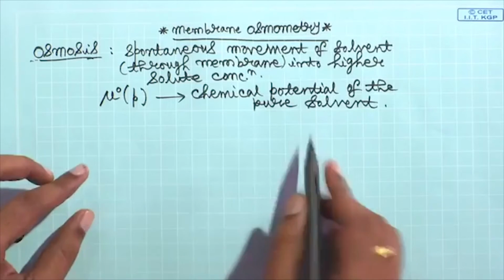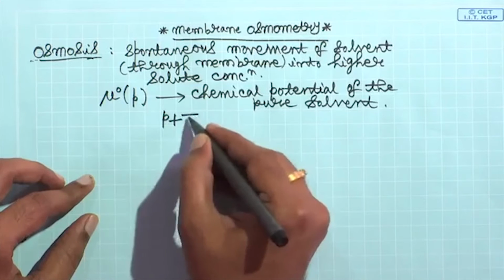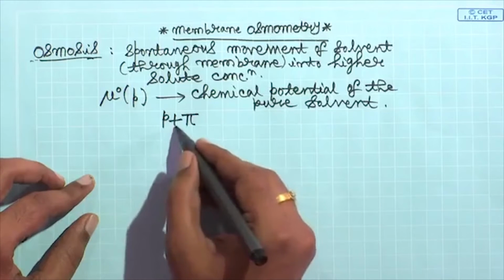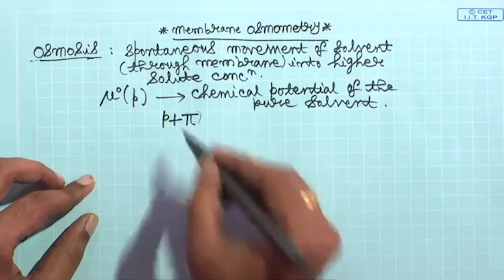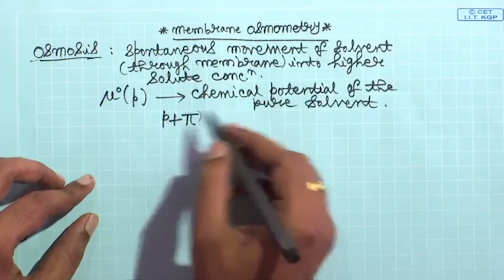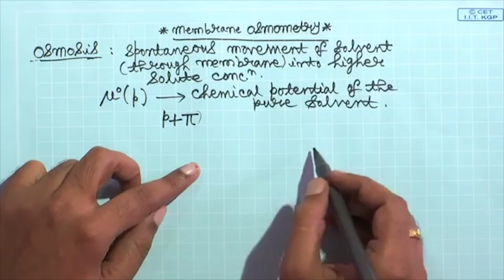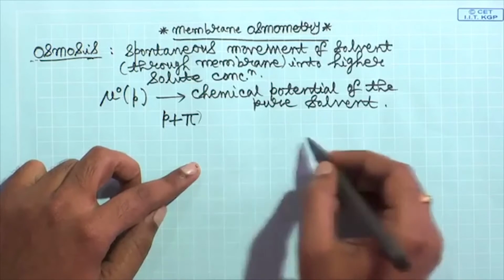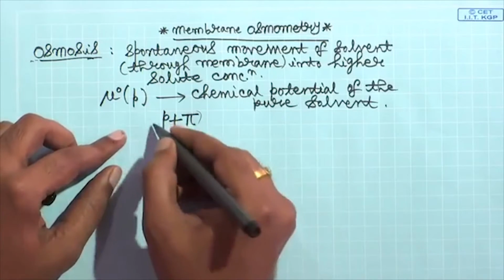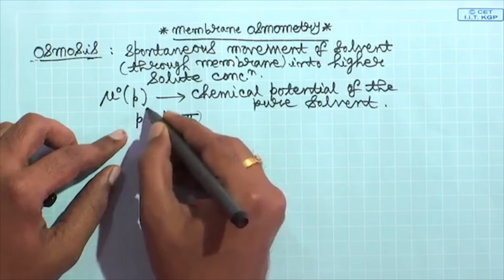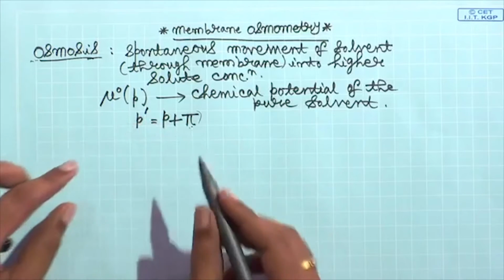Now, as I told, you have to apply a pressure on the solution side, let us say P plus pi. So, this pi, you have to apply in order to maintain the equality of the level of the liquid on the solution side and the solvent side. So, let us say on the solution side the pressure is P prime, which is equal to P plus pi, pi is the osmotic pressure of course.